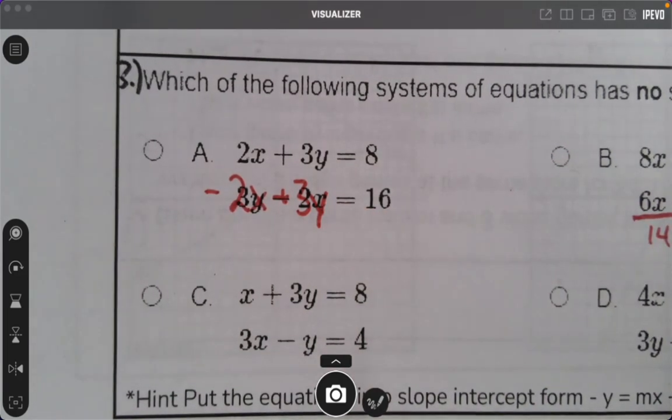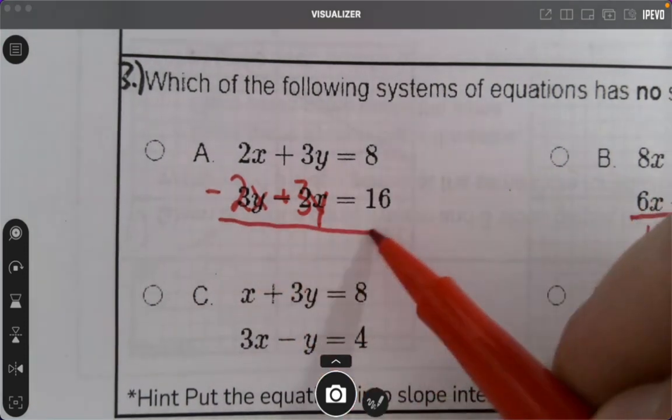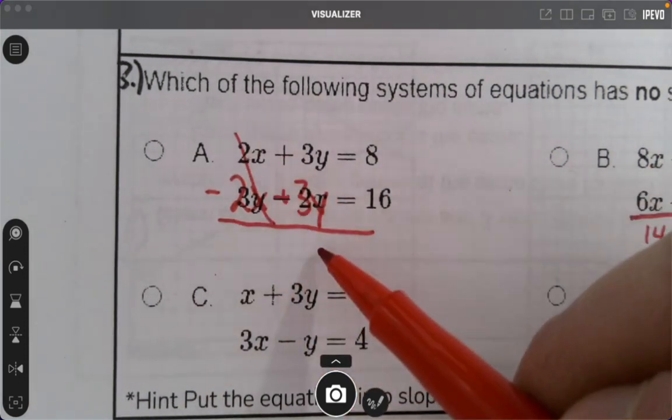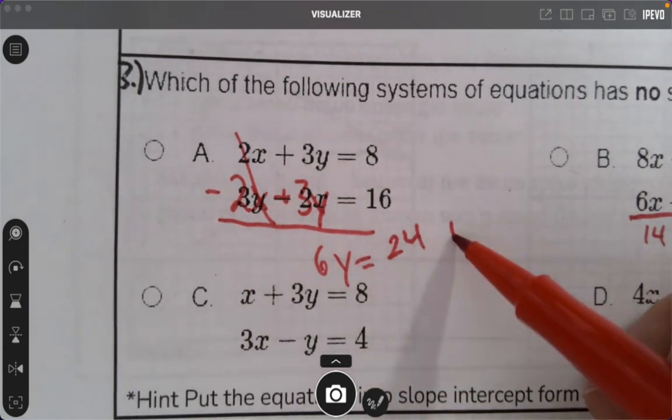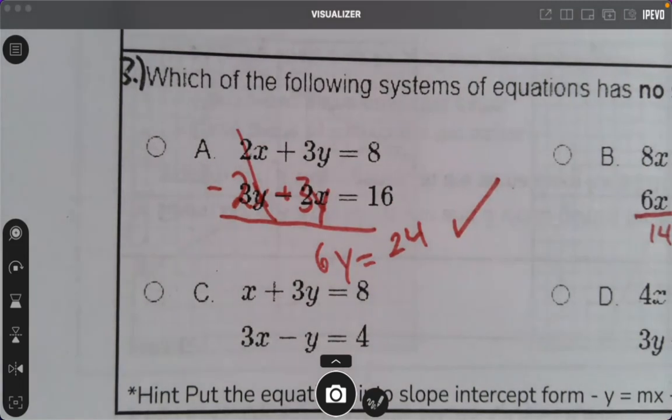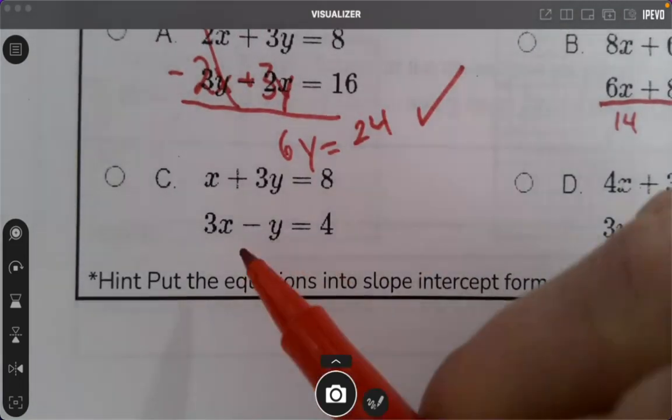So I have to switch this to be negative 2x plus 3y. And then when I add the 2, I do get this to eliminate, but then I have 6y equals 24, and that's eventually going to have a solution. We want one without a solution. Same thing here.